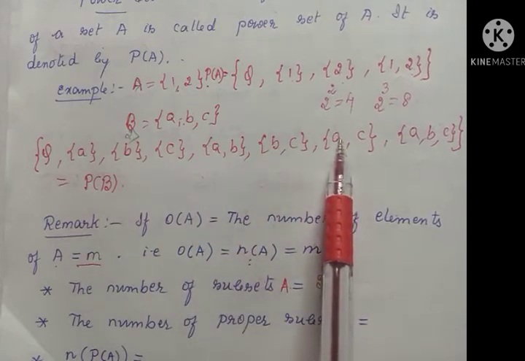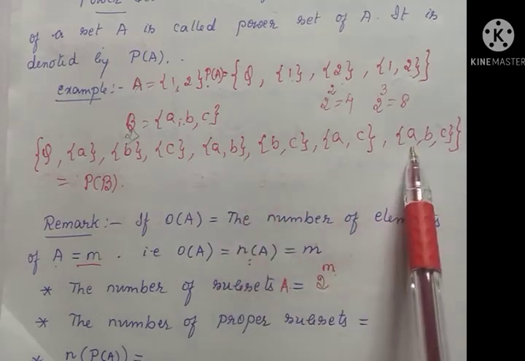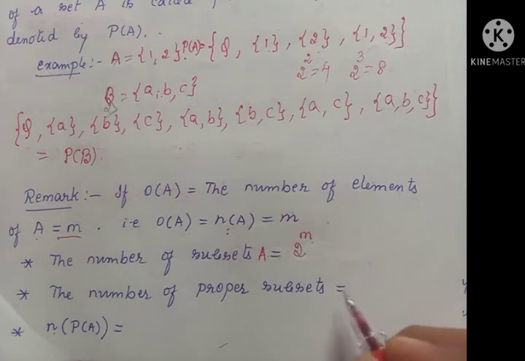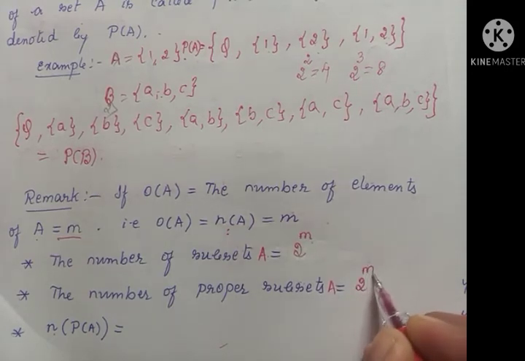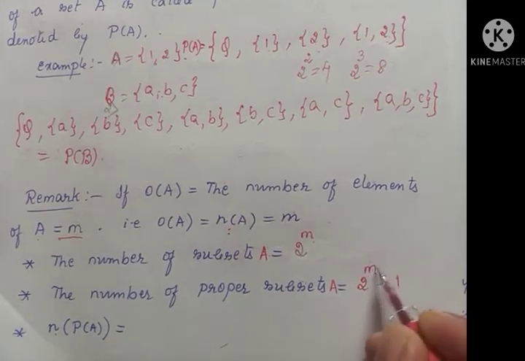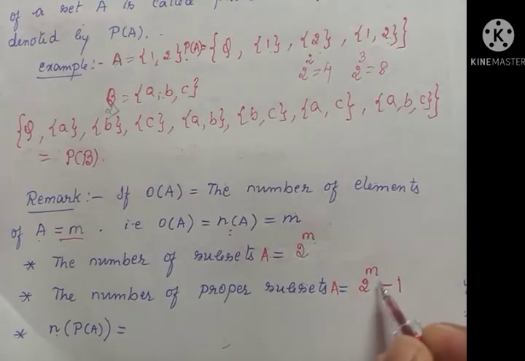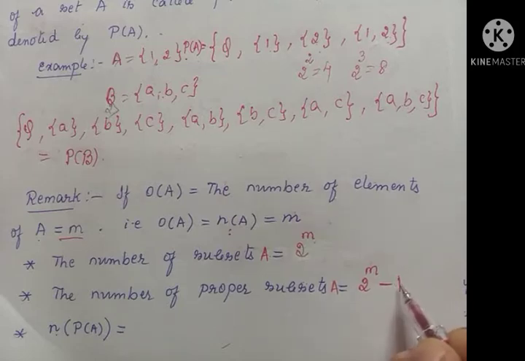These 7 subsets are the proper subsets, except this one. So the number of proper subsets of a given set A is 2 to the power m, and in that you have to subtract 1. Don't write 2 to the power m minus 1 here itself. First calculate 2 to the power m, then subtract 1. This will be the number of proper subsets.